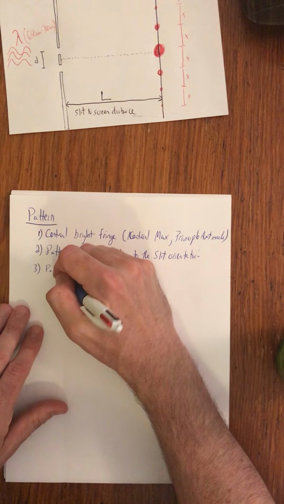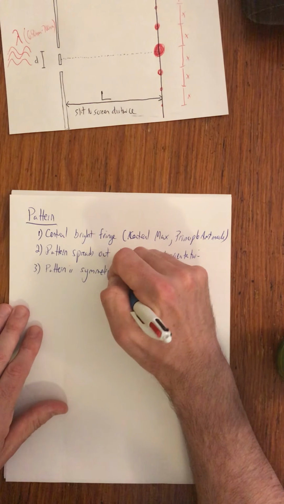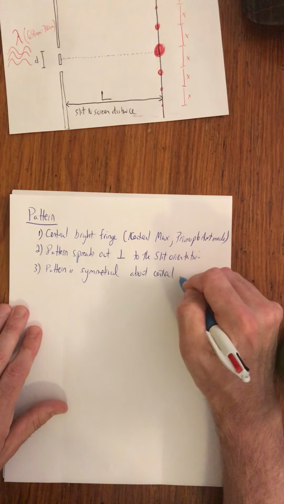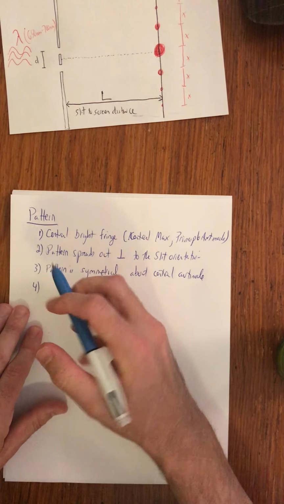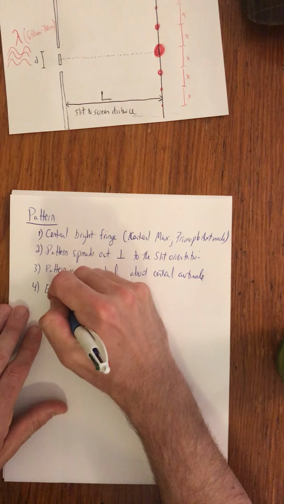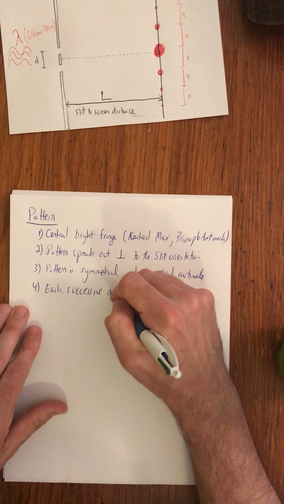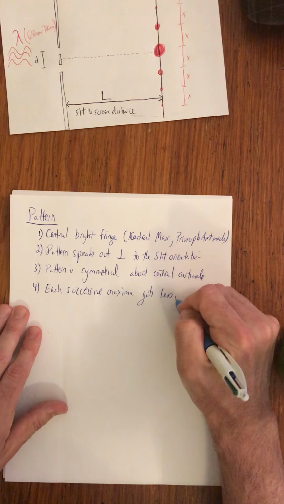Third, the pattern is symmetrical about the central antinode. Okay? Fourth, each successive maximum gets less intense.